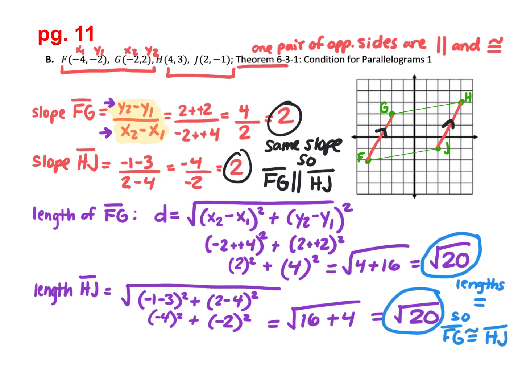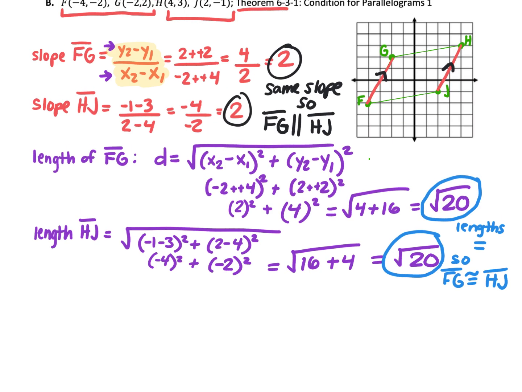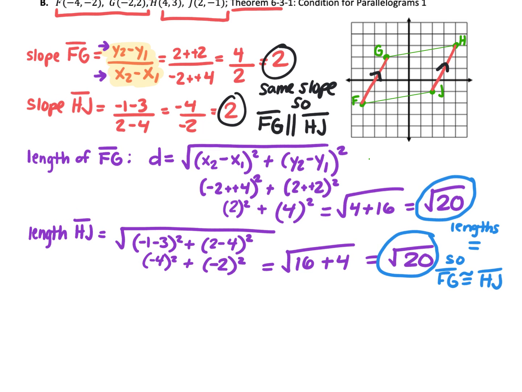So now I have shown everything that I need to show. I've shown that we have one pair of opposite sides, and those opposite sides are both parallel and congruent. Let's actually mark the congruent sides in our picture. They're both square root 20, so they are congruent.